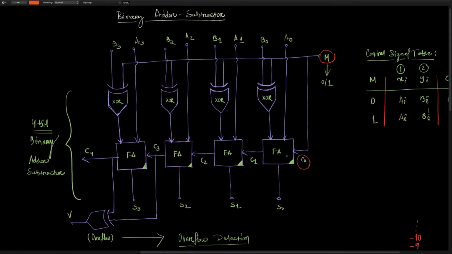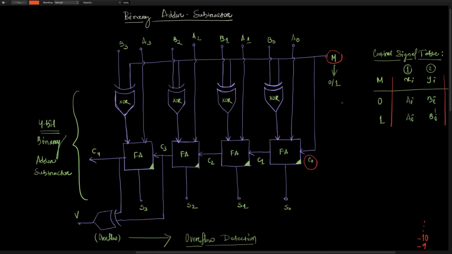First, I will explain the operation of addition, which is very simple. M is equal to 0. Let me just draw the XOR gate truth table. This one represents the XOR operation. For M equal to 0, we have considered M as 0 here.